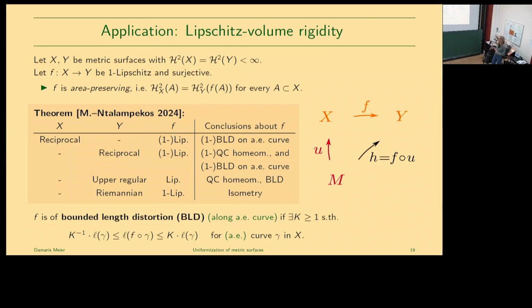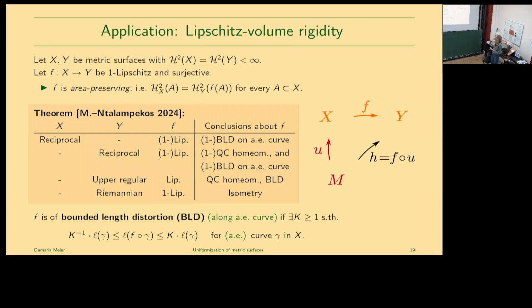Yes, we don't know that. How do we get such a result? In some sense, the length of curves can be obtained by integrating some notion of derivative of the map over the curve.